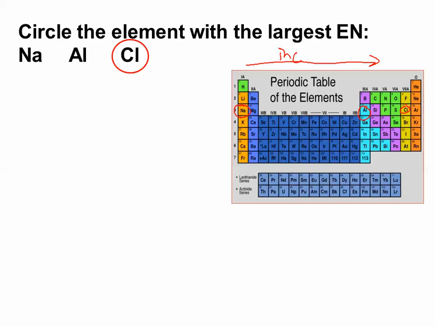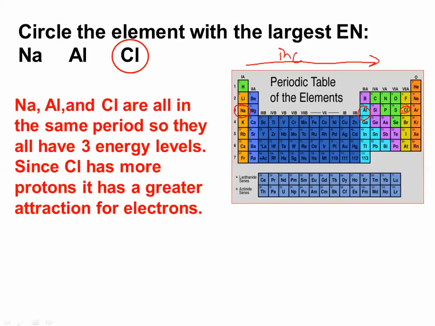So the smaller the atom is, the greater the force of attraction between the nucleus and the shared electrons is, so electronegativity goes up. All right? So sodium, aluminum, and chlorine are all in the same period. They all have 3 energy levels. Since chlorine has more protons, it has a greater attraction for the electrons.